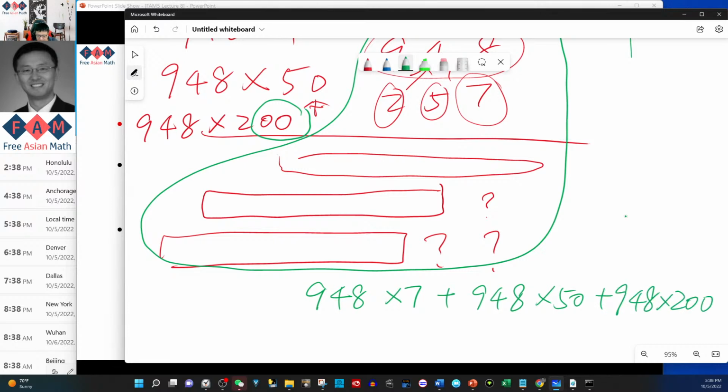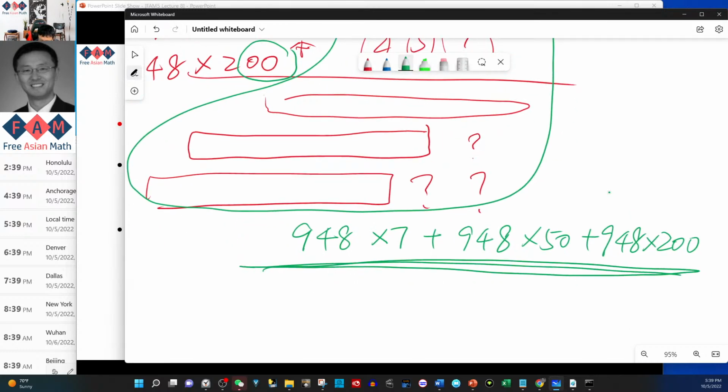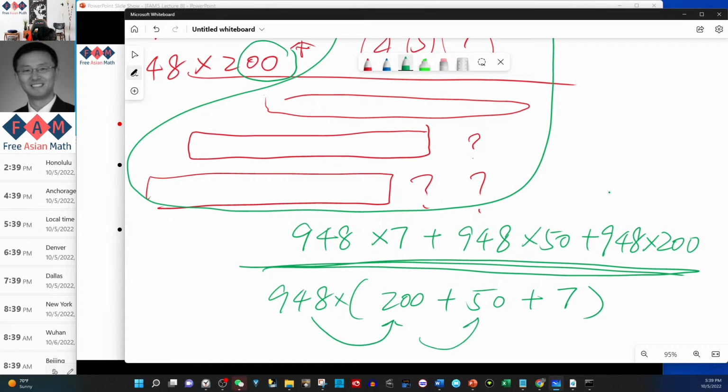That's exactly what it is. So you can easily see this is because we were using the distributive property. 257 is written as 200 plus 50 plus 7, and we are distributing over this, over this, over this. So the full vertical multiplication algorithm is nothing but a repeated application of the distributive property.